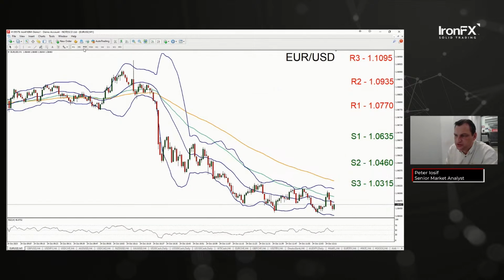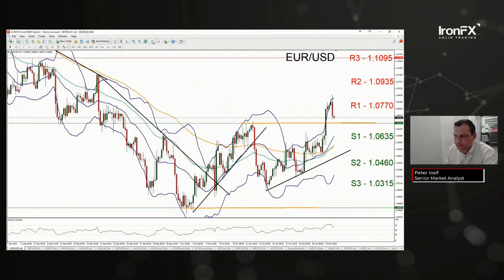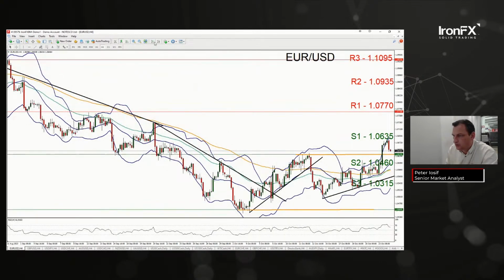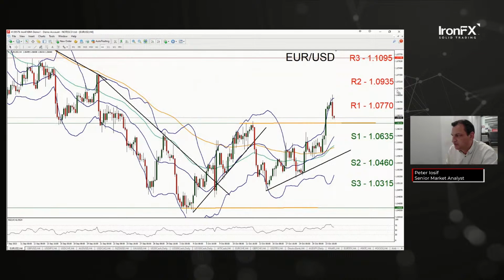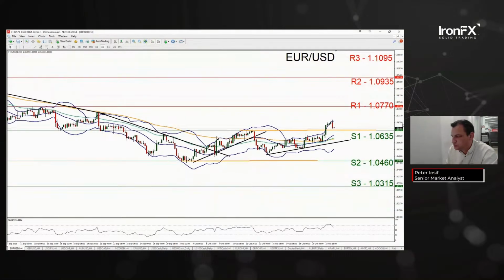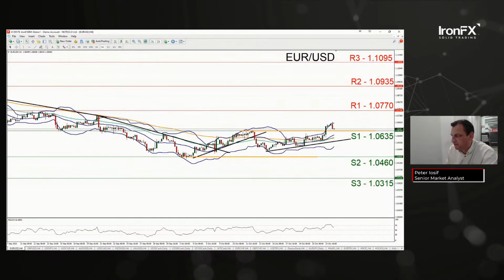Overall, Eurozone's economic activity contracted, given that the Eurozone's composite preliminary PMI figure for October was below the reading of 50, implying once again a contraction of economic activity across borders and across sectors. So overall, the economic outlook of the Eurozone tends to darken, and that tended to weaken the euro.